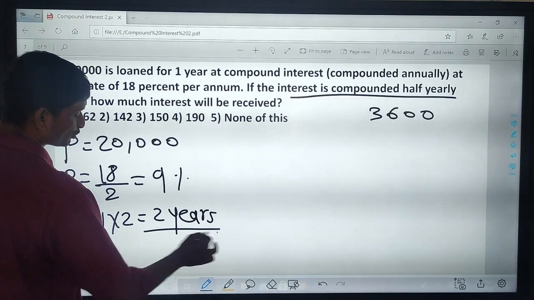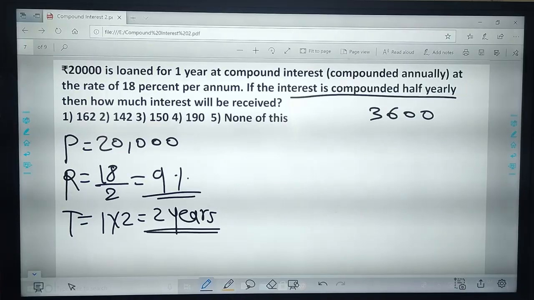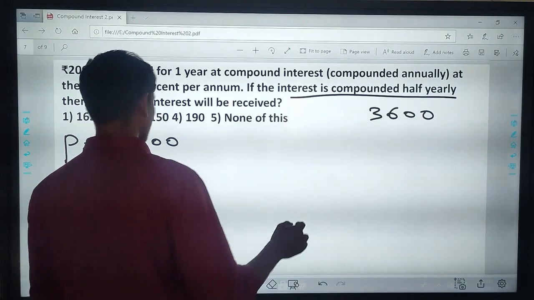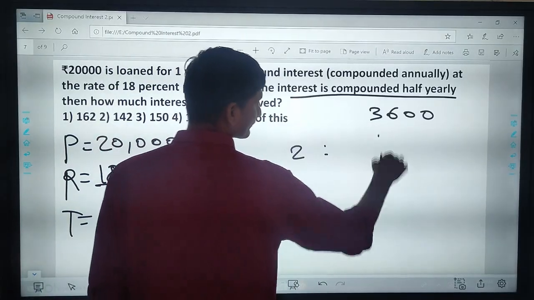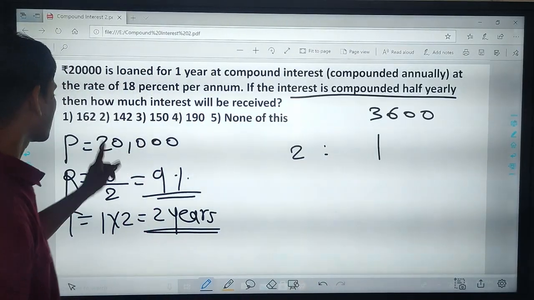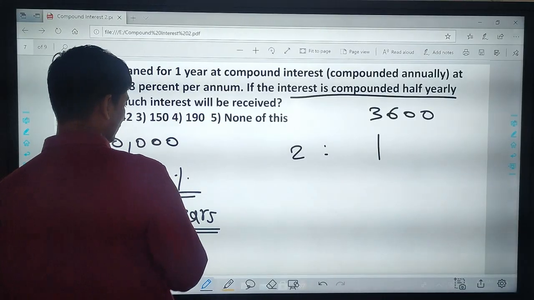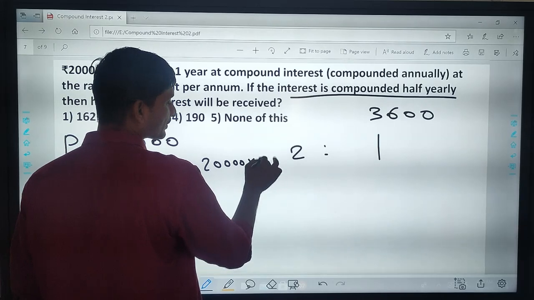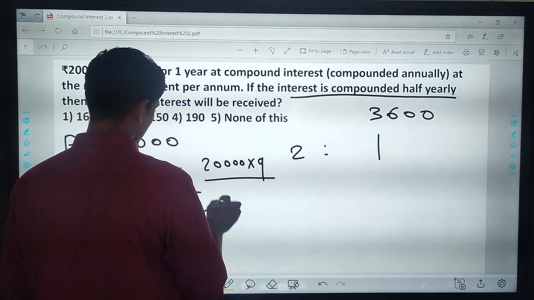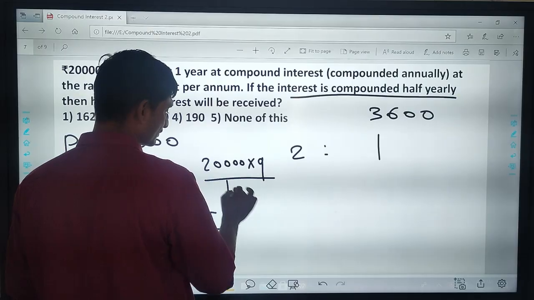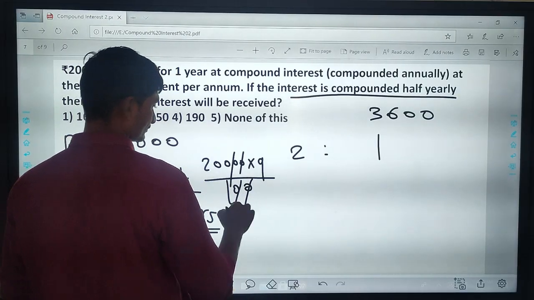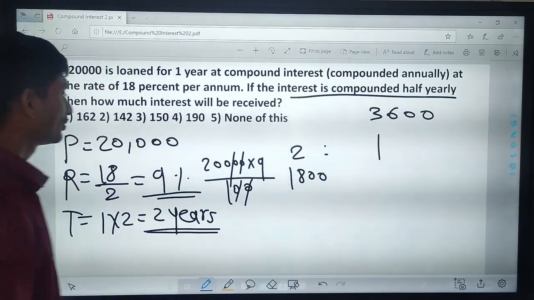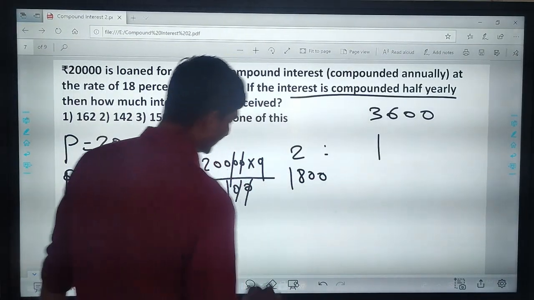The interest is half of this and the time duration is double. Now you calculate the interest. Here 9% of 20,000 is 1800. We get 9% of 18,000.